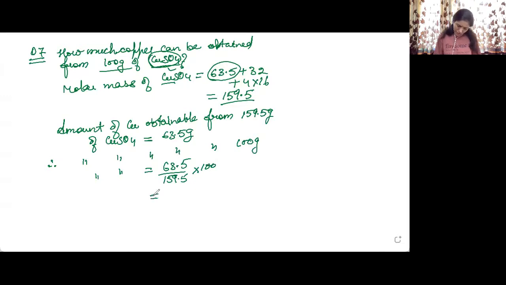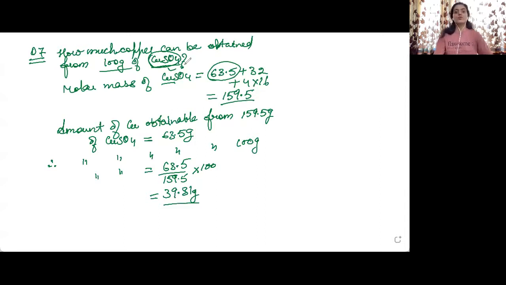I think I have done it right. If there is some kind of problem, just check it out. Sorry, it is 159.5. Okay. So it is 39.81 gram. Simple. So this is the amount of copper that can be obtained from 100 gram of copper sulfate. Hope this is clear to you.